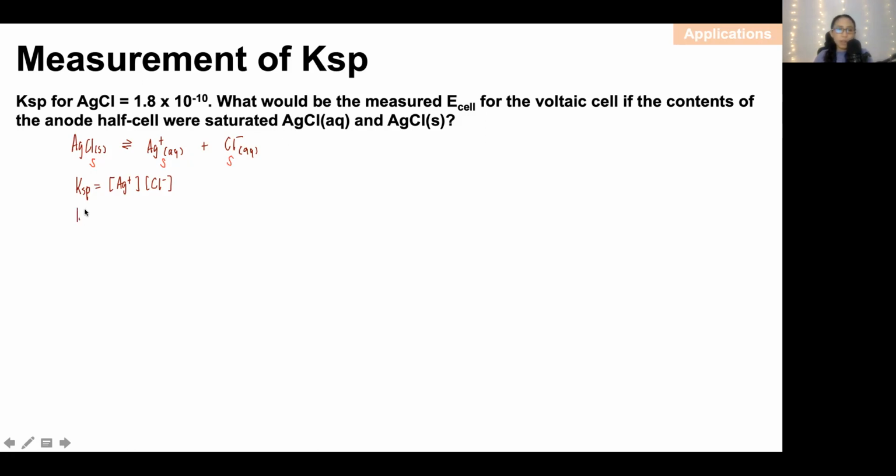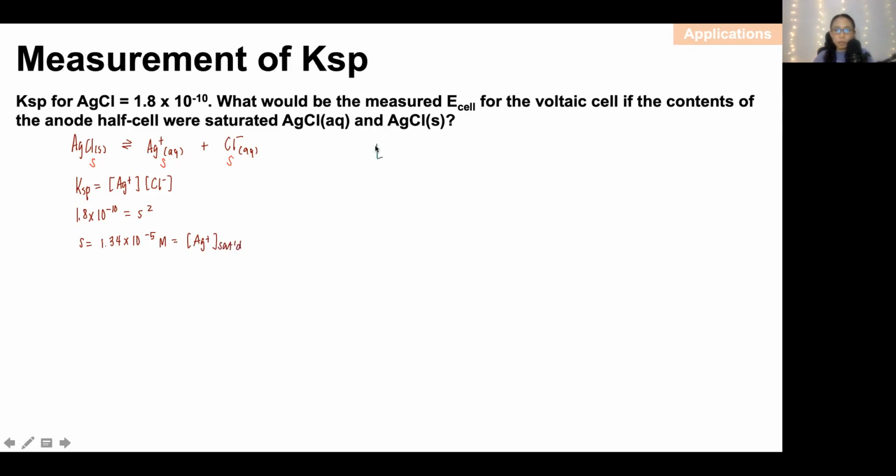So we have 1.8 times 10 raised to negative 10 equals S squared. So S is equal to 1.34 times 10 raised to negative 5. So this is the concentration of your silver ions in the saturated solution.